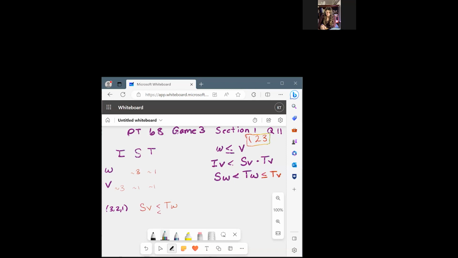We also know that SW is shorter than TW. So now we want to figure out which one of these could be 2 days. So what do we know about if SV and SW are both less than TW? What do we know about TW?